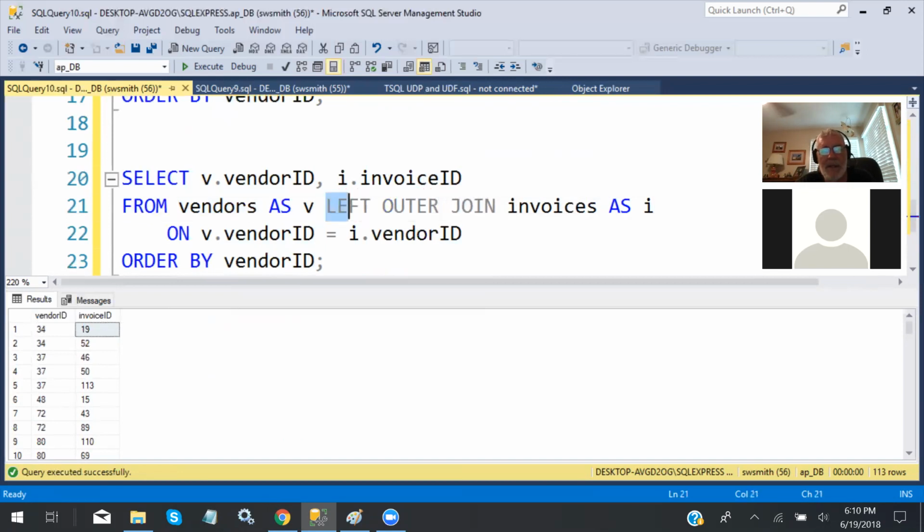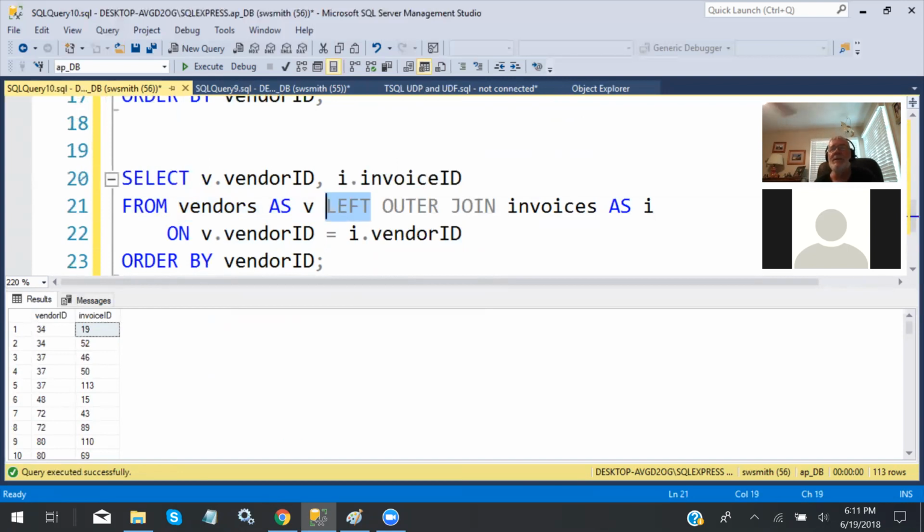When we talk about the left outer join, I'm talking about this join facing to its left. So the table that is on its left, I will retrieve all of the rows from that table. If I made it a right outer join, I would retrieve all of the rows from the right table, which would be invoices.